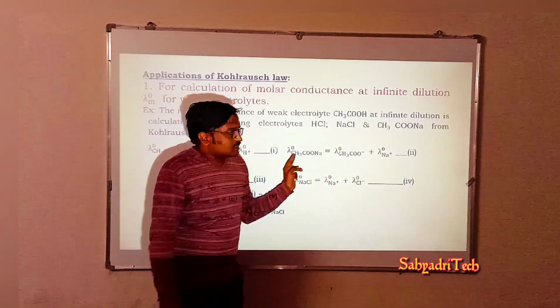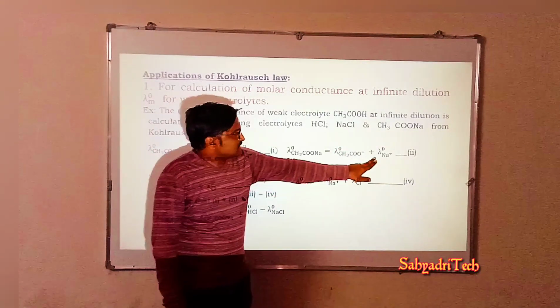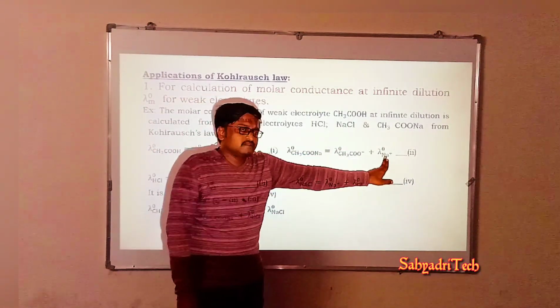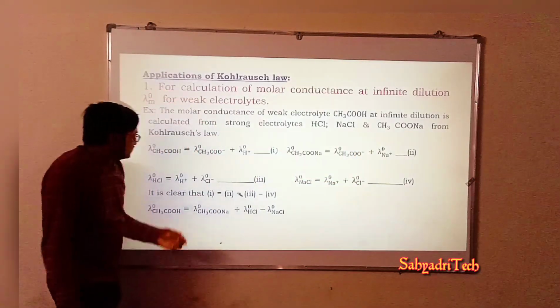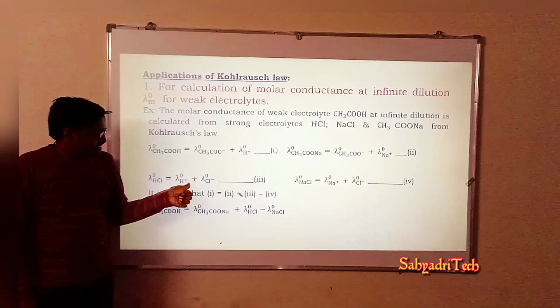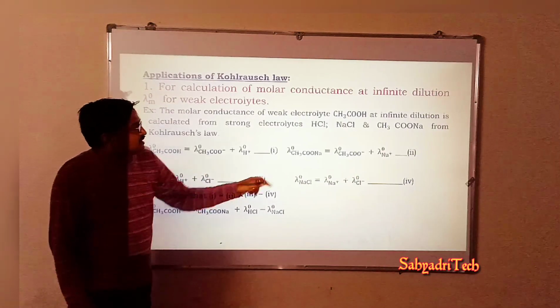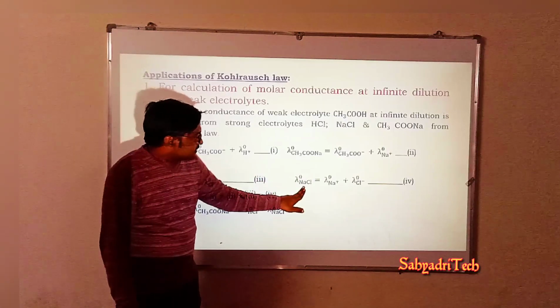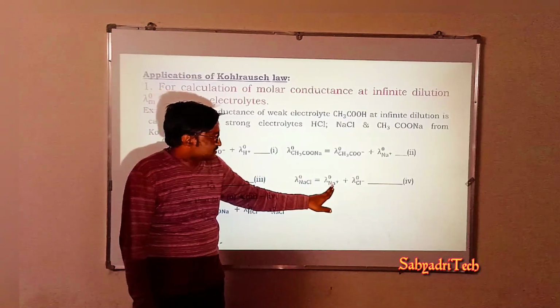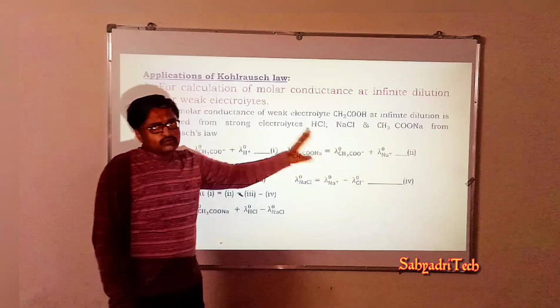Similarly, lambda naught of sodium acetate is equal to lambda naught of acetate ion plus lambda naught of Na plus ion. I made it equation 2. Lambda naught of HCl is equal to lambda naught of H plus plus lambda naught of Cl minus, third equation. And fourth, lambda naught of NaCl is equal to lambda naught of Na plus plus lambda naught of Cl minus.